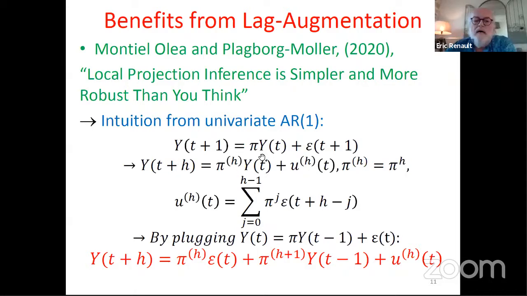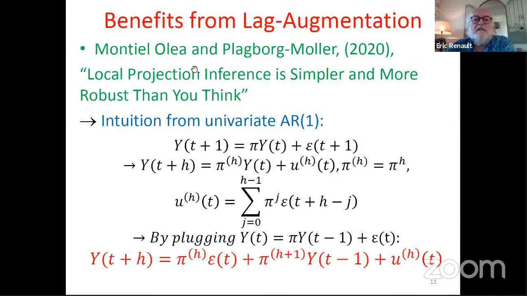When you write it like that, and you replace y_t by pi y_{t-1} plus epsilon_t, you realize that this forecast equation can be rewritten with epsilon_t and y_{t-1}, with an additional pi. Why is it interesting to look at it in this way?